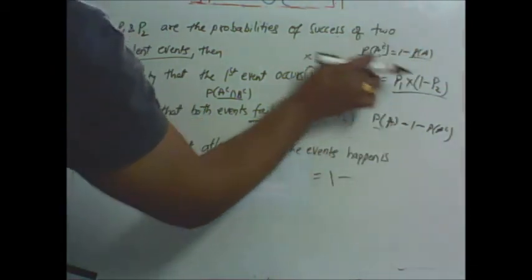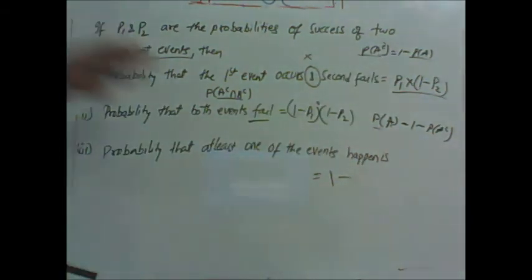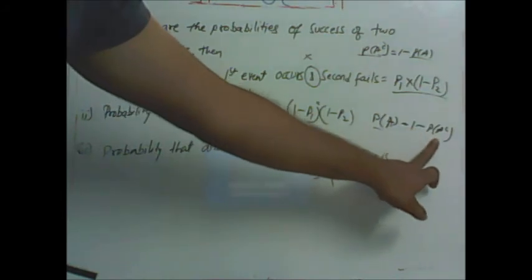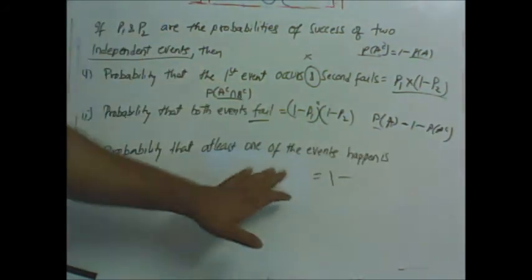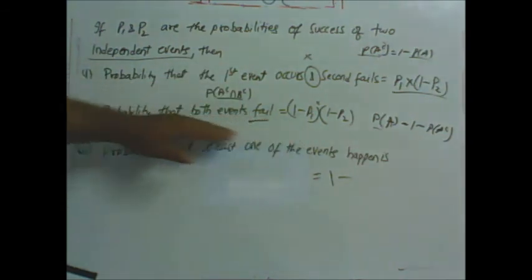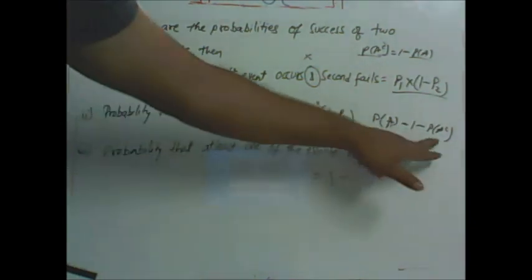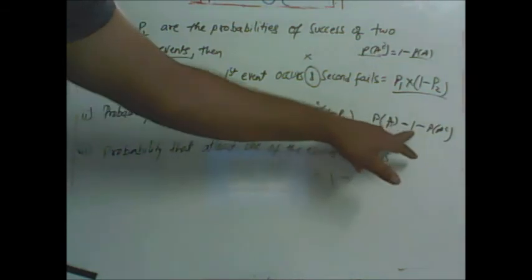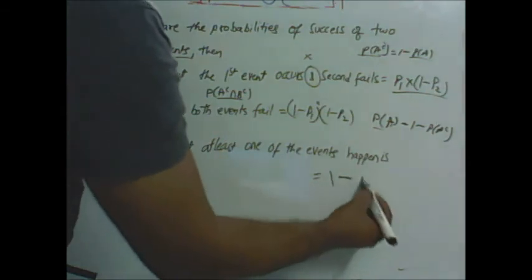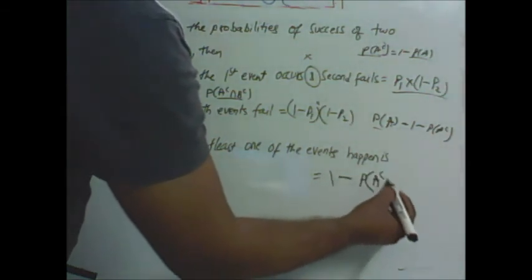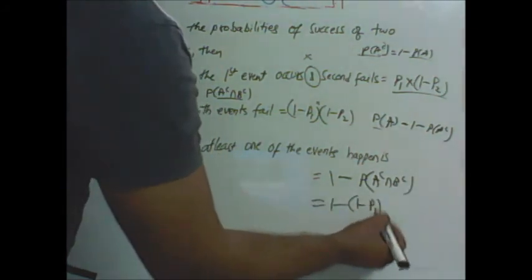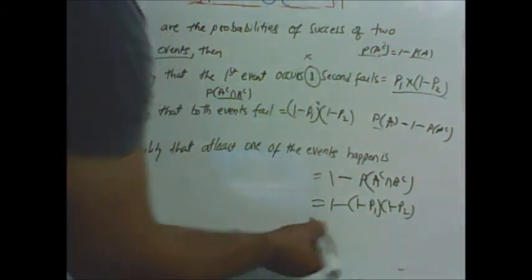So if we want the success rate, from the universal set probability we have to deduct the opposite case, the failure case. The failure case is when both events are not occurring. When this probability is deducted from 1, we get the desired success case, that at least one happens. So 1 minus P of A complement intersection B complement, which equals 1 minus (1 minus P1) into (1 minus P2). Actually, this is the answer.